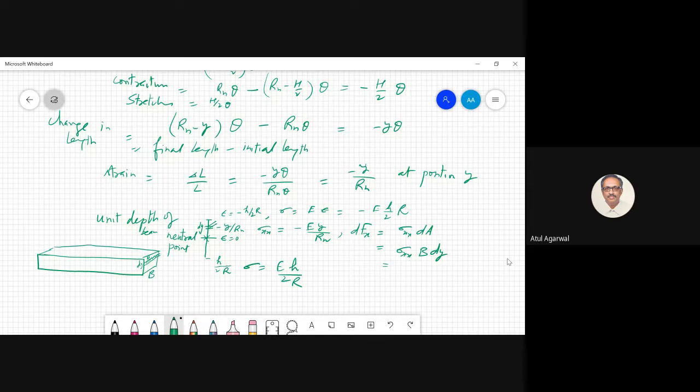Sigma xx is minus E y by Rn b dy. Now you see y is positive in the upper half. R is anyway a positive quantity. It's a curvature of the beam. So we have to check it out about its being positive or negative also. That I will do shortly.